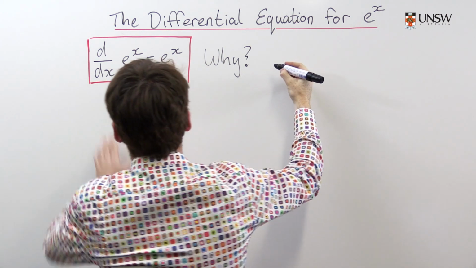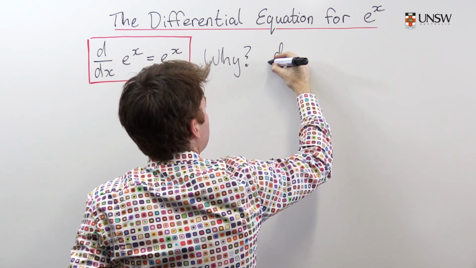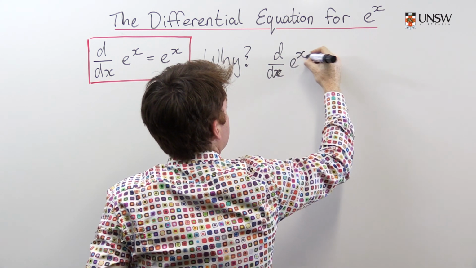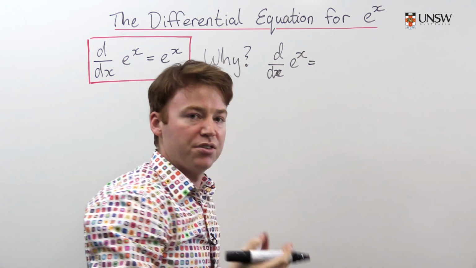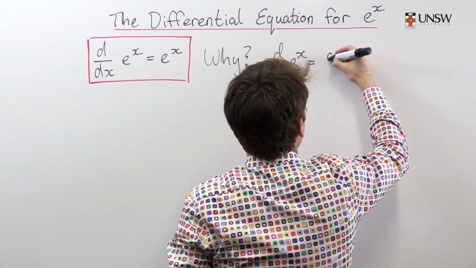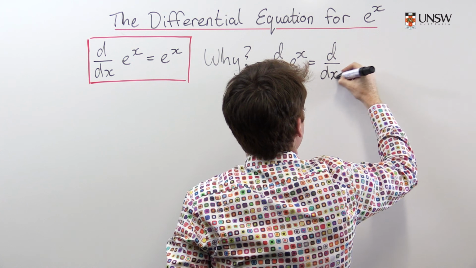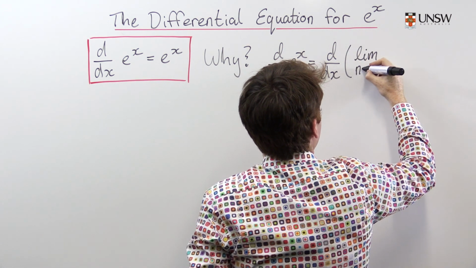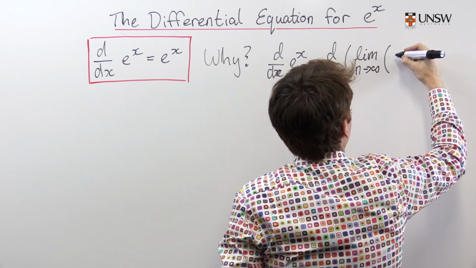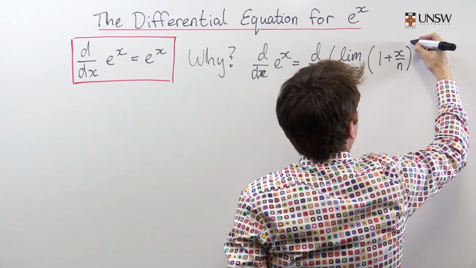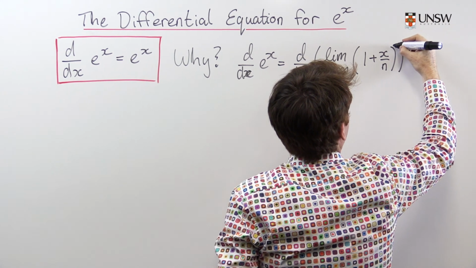Well, if I start off with the left-hand side of this equation, d dx of e to the x, then using our historical definition, using Euler's definition of e to the x, this is equal to d dx of the limit as n approaches infinity of (1 plus x on n) to the power n.